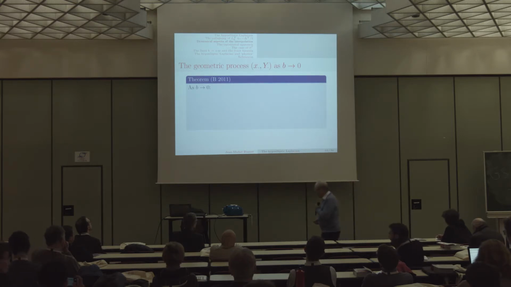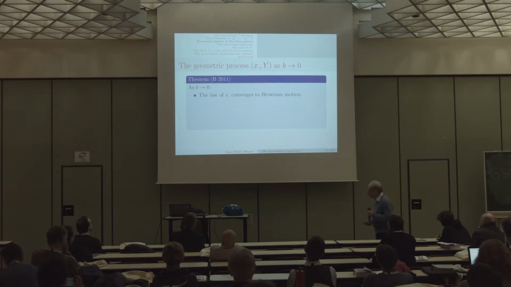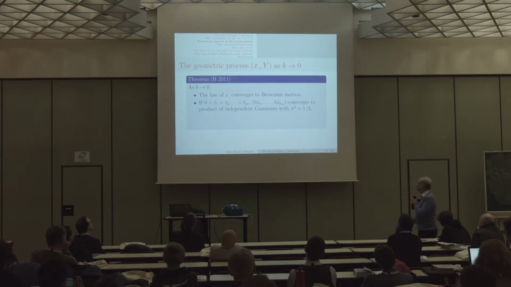As b tends to 0, it is true that the probability law, if you look at the projected trajectories x, which now depend on the parameter b, converges in the proper sense to Brownian motion.